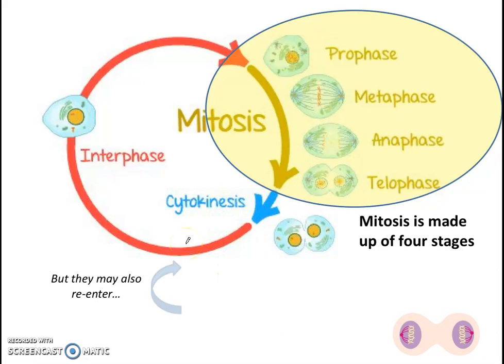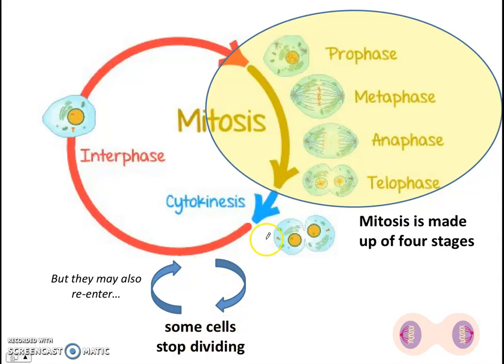So it is actually possible for some cells to, in a sense, exit the cell cycle and stop dividing altogether. So after cytokinesis, they are born and then they just exit and they stop dividing for the rest of their life. But interestingly, some of these cells that stop dividing can also be stimulated or caused to re-enter the cell cycle and then to divide.